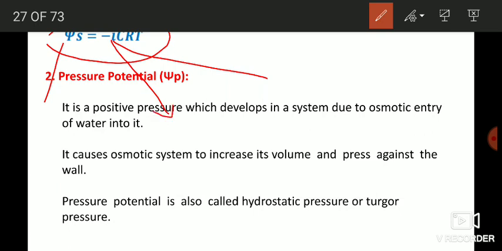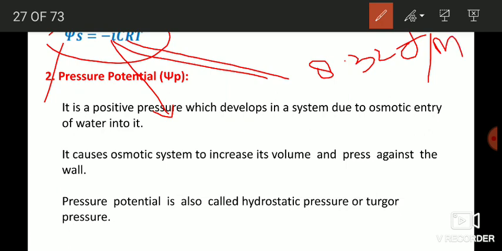R is the gas constant, the real gas constant, having the value of 8.32 joule per mole per Kelvin. And T is the absolute temperature. By applying this equation, you can calculate the solute potential.